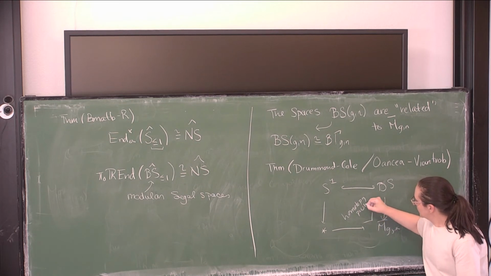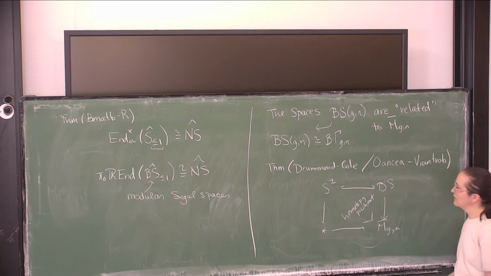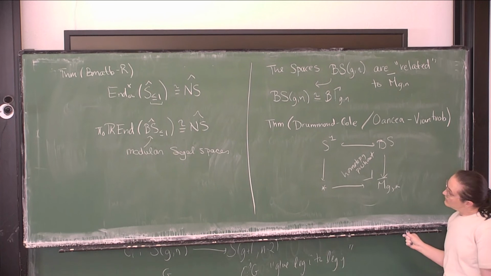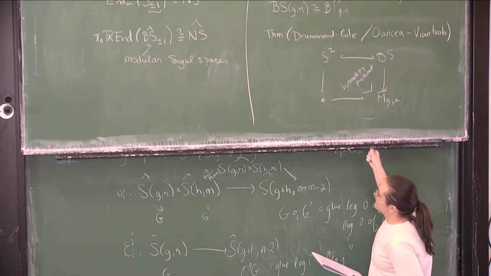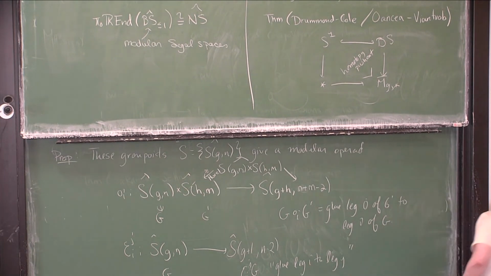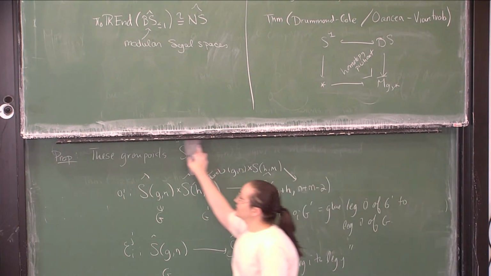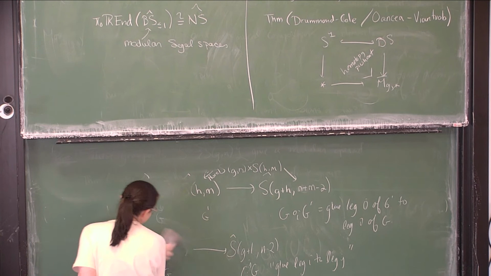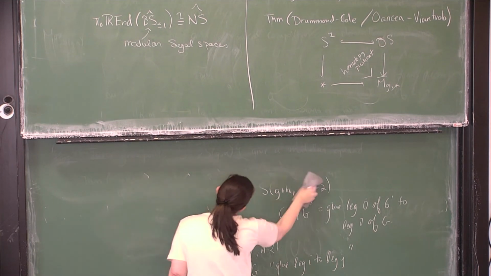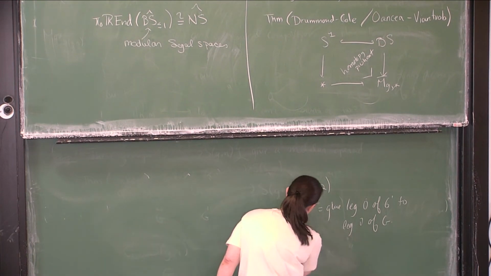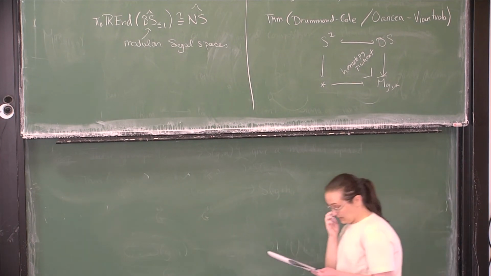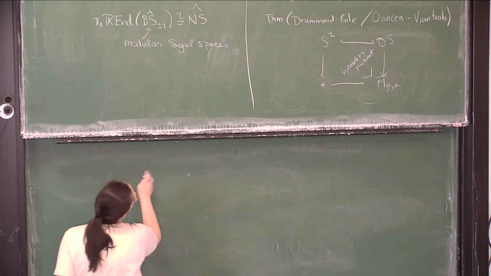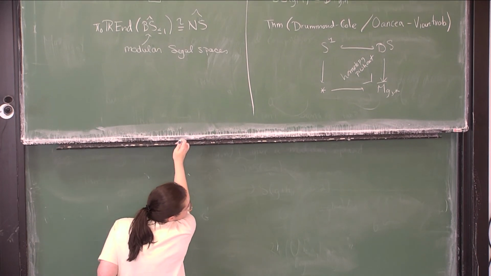And in fact, it's a profinite completion, the left adjoint. So it behaves nicely with respect to homotopy pushouts. Nice enough, right? And so you can extend this.